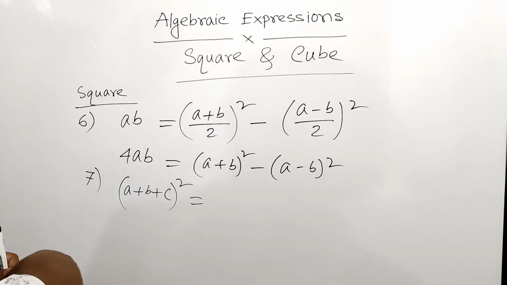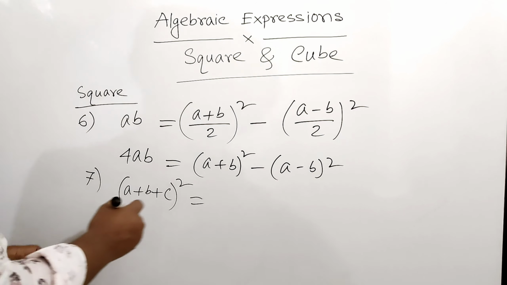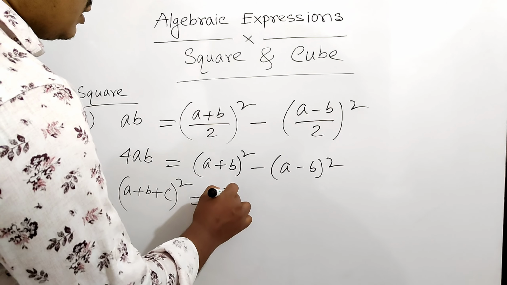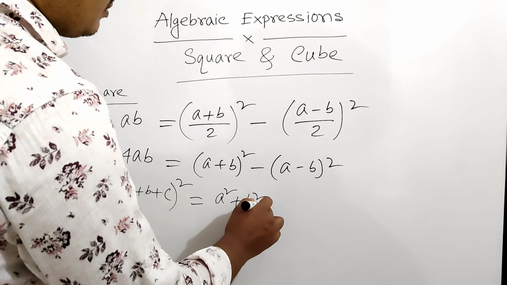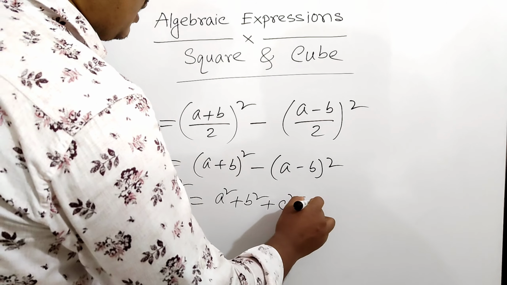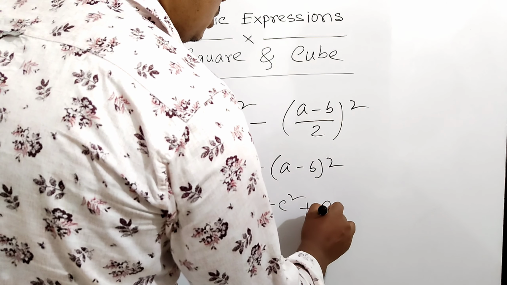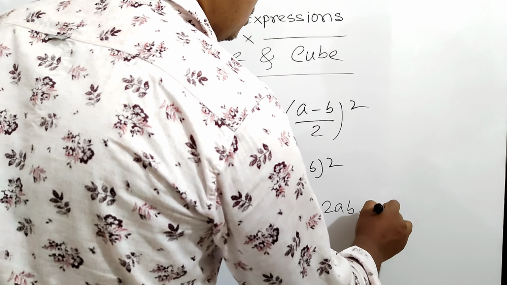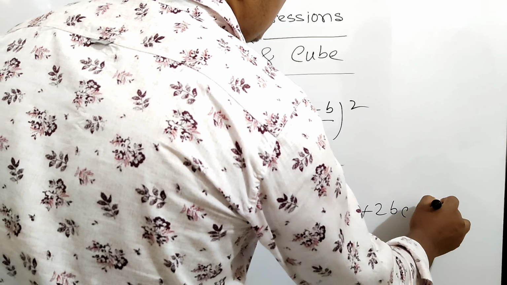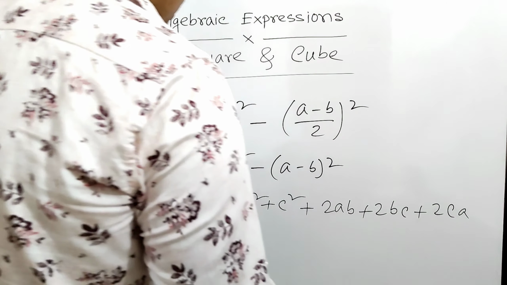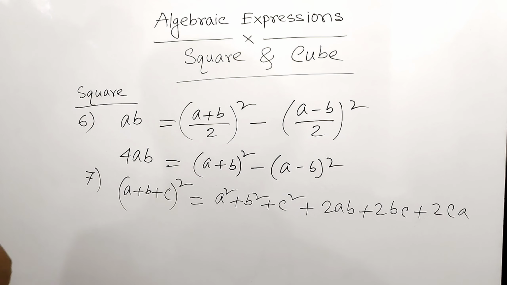So if there are 3 terms, how can we use the formula for the square? This formula is so important: a square plus b square plus c square plus 2ab plus 2bc plus 2ca. This is the formula for finding the square of 3 terms.